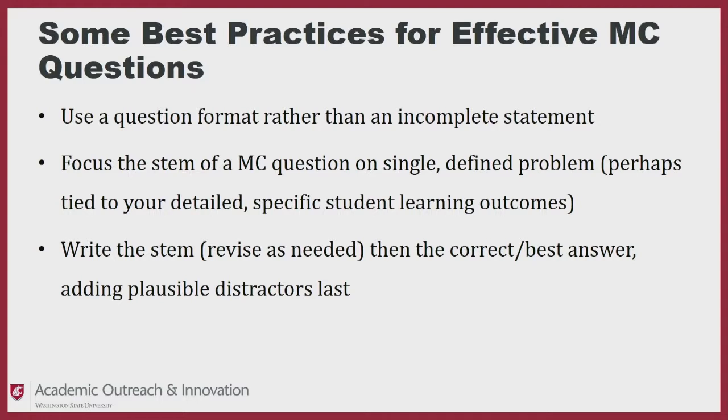So in this particular case, the best practice is to write that stem. You create a question based on your learning goals, and you know as an expert the right answer. So go ahead and write that correct answer as your first option.